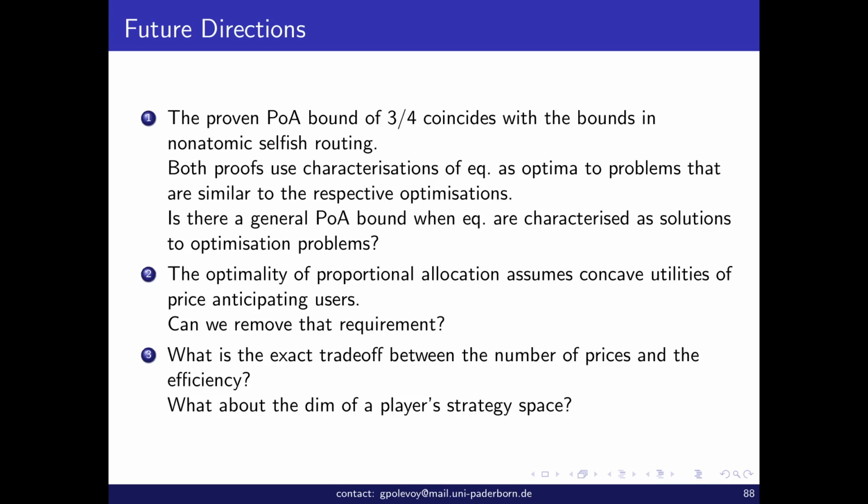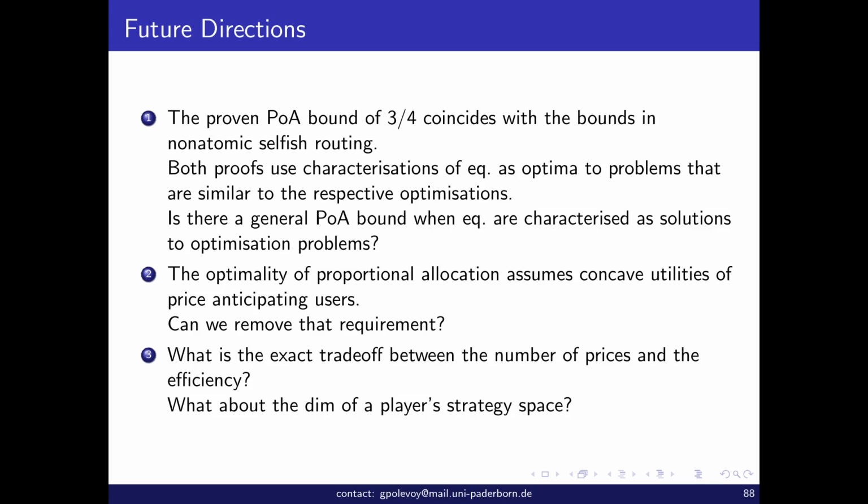There were no players, but actually infinitely many players. We just talked about how the flow is distributed, and the bounds were the same, and both proofs are similar. They both characterize equilibria as optimal solutions to optimization problems, but not the original optimizations, rather optimizations of something else.